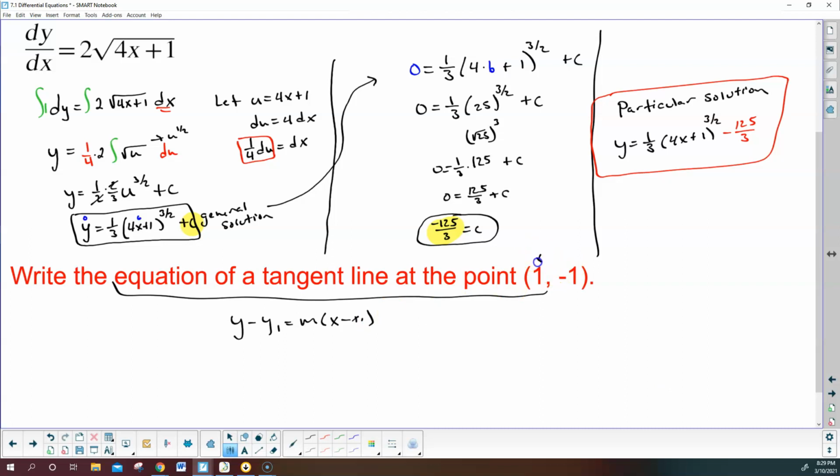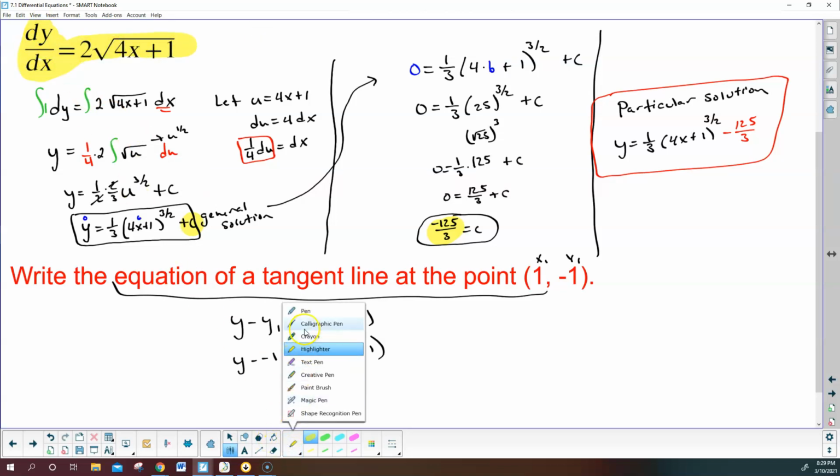They gave me the point. Here's x1, y1. So I'm just going to plug that in right away. So y1 is -1. x1 is 1. And then all I need is a slope. Wait a minute, what's another word for a slope? It's derivative. So the derivative has already been given right here.